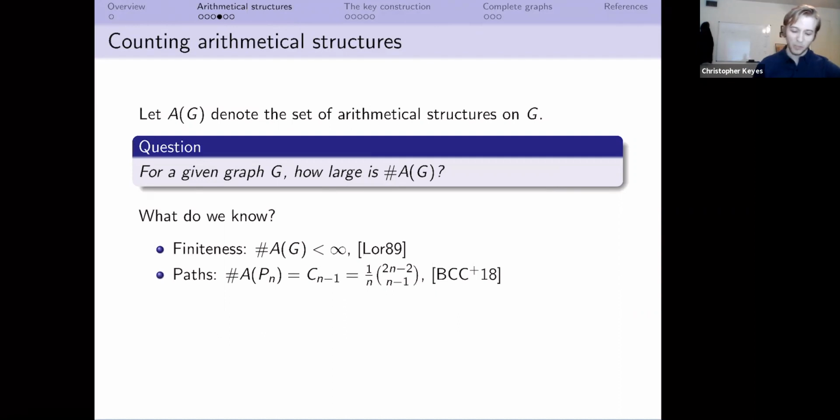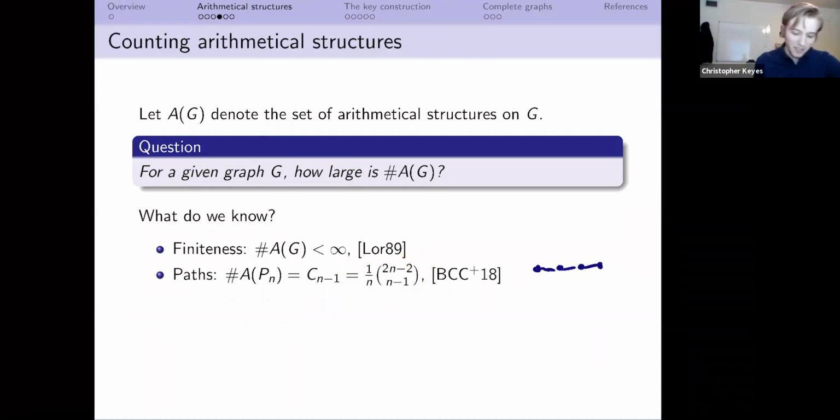And it wasn't until pretty recently that these other results came. But a couple years ago, a large group of mathematicians proved that for a path, so a path with n vertices, the number of arithmetical structures can be described combinatorially as a Catalan number. If you're not familiar with Catalan numbers, like I'm not, these have an expression as a binomial coefficient.